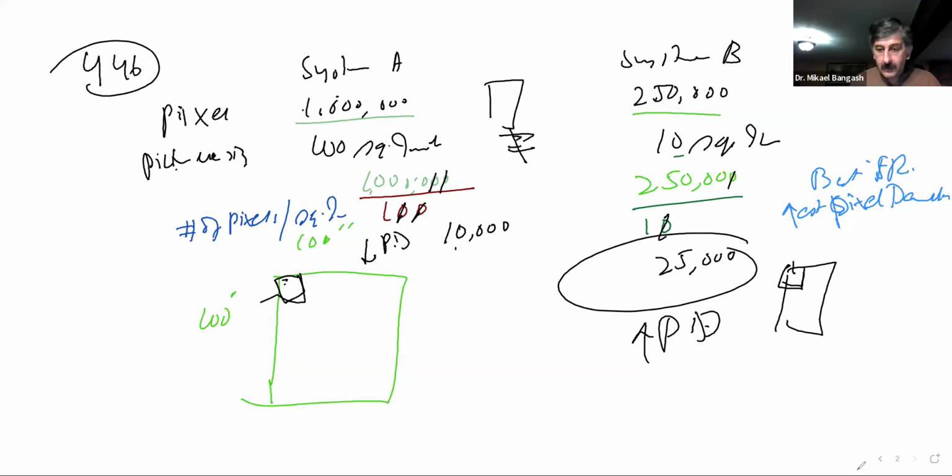Okay, question number 47. What is the smallest part of a digital picture called?